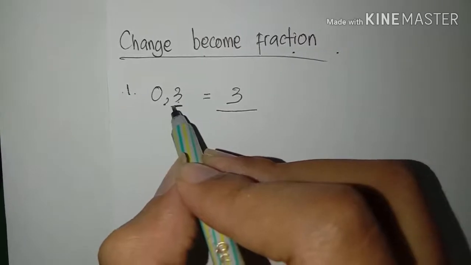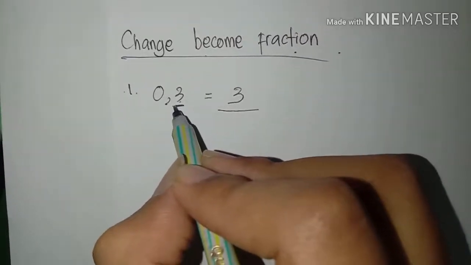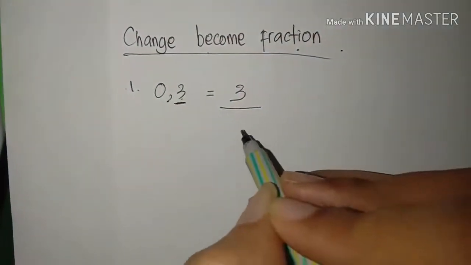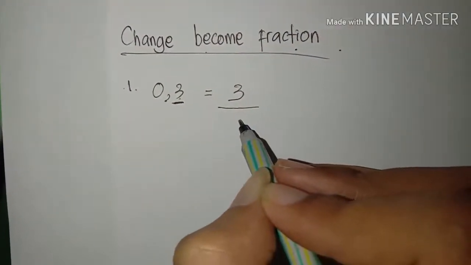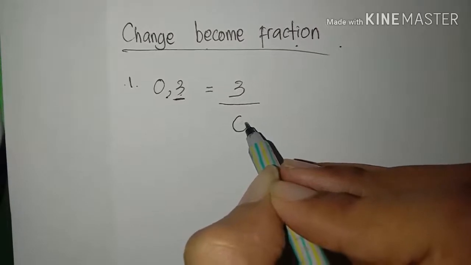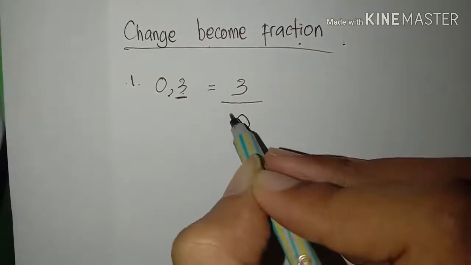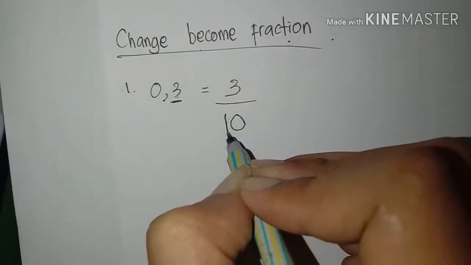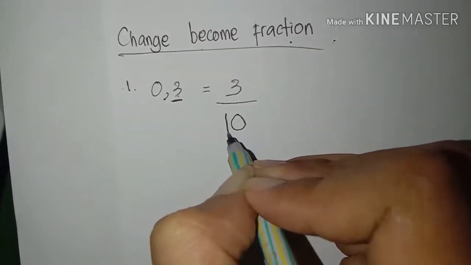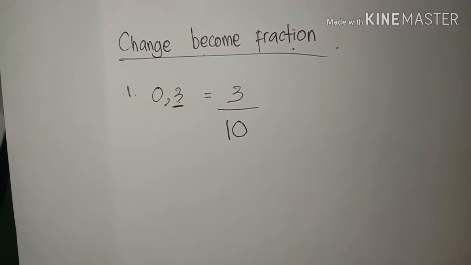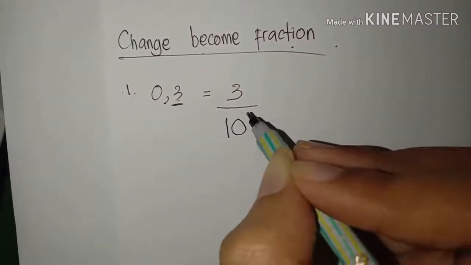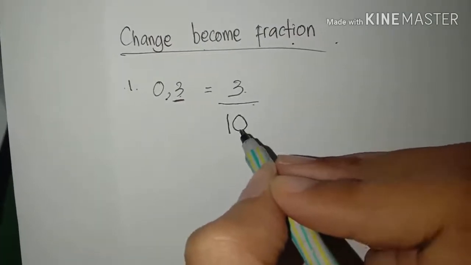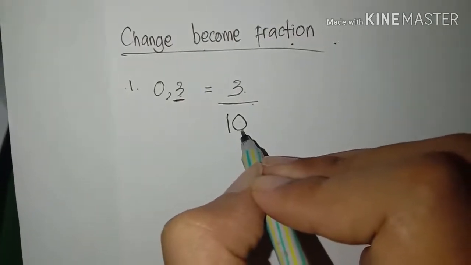Okay, just 1. So you can write 0 but only 1, and then add 1 at the front of the 0. So the result is 3 of 10. Okay, understand?